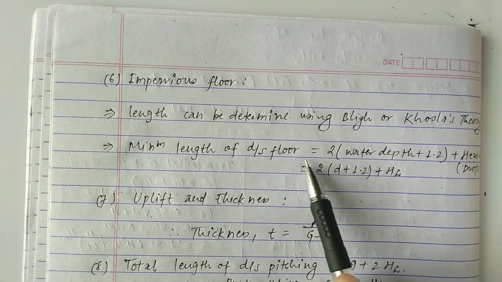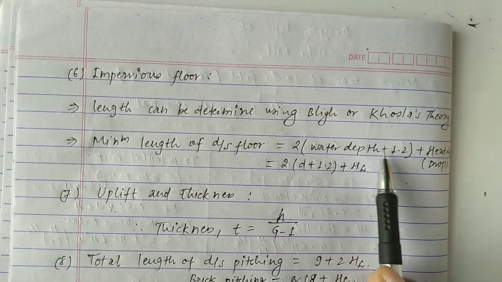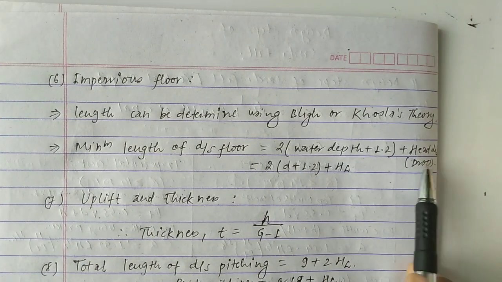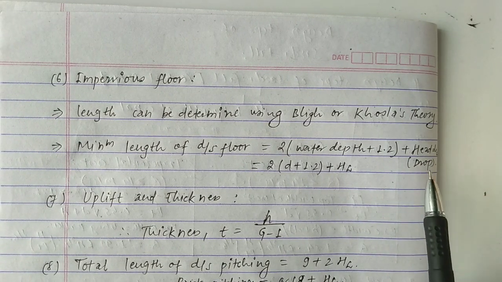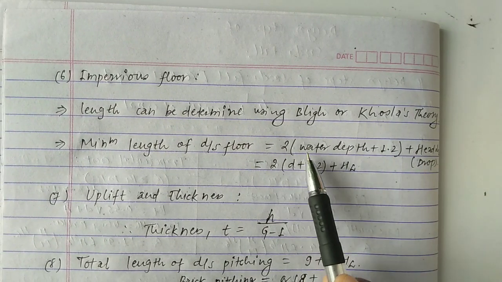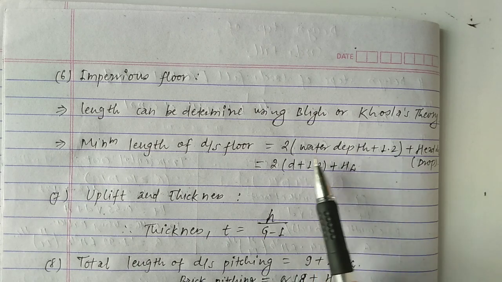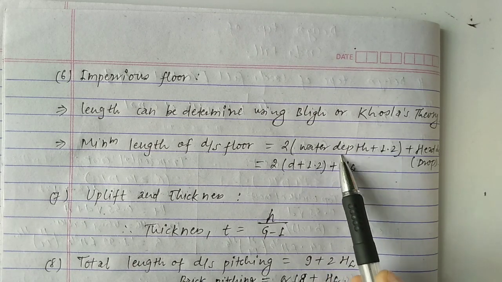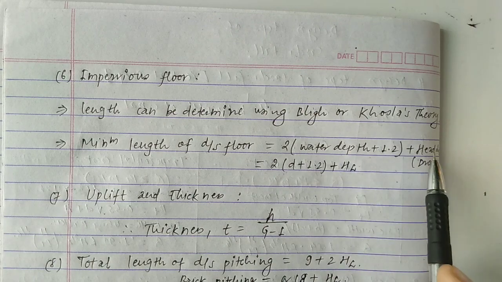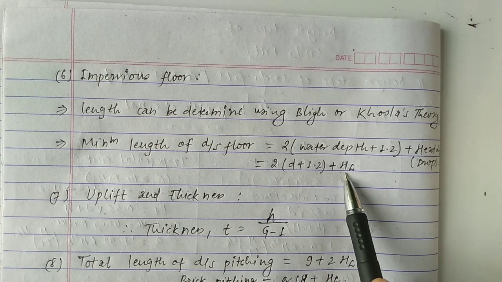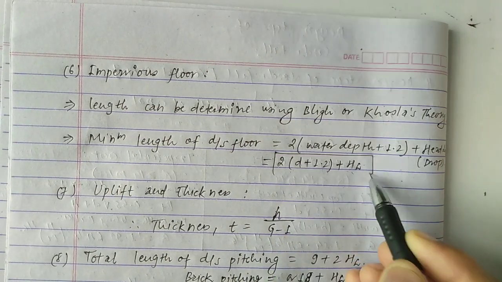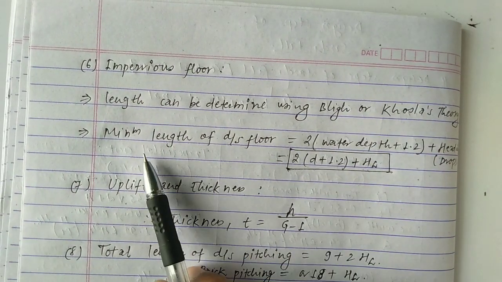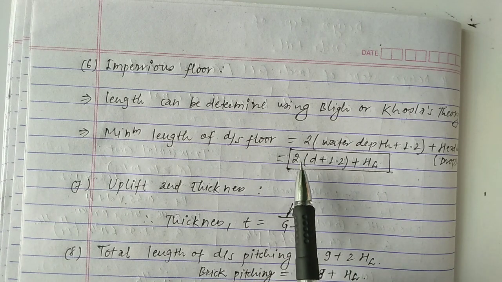The minimum length of downstream floor equals 2 times the water depth plus 1.2 into head difference, or simply head difference drop. Here 2 into water depth, denoted by D, plus 1.2 into the head difference, that is the value of HL. So simply using this formula, we can calculate the minimum length of downstream floor.